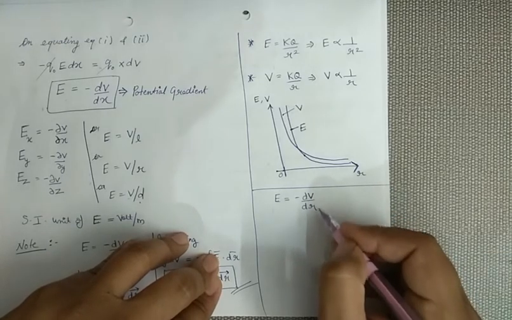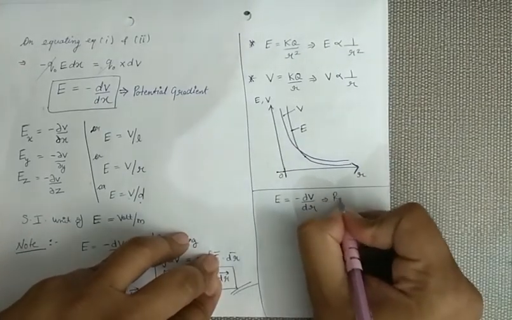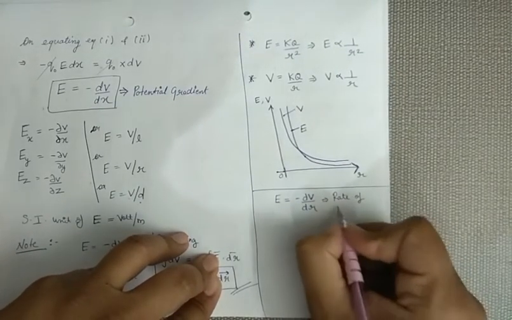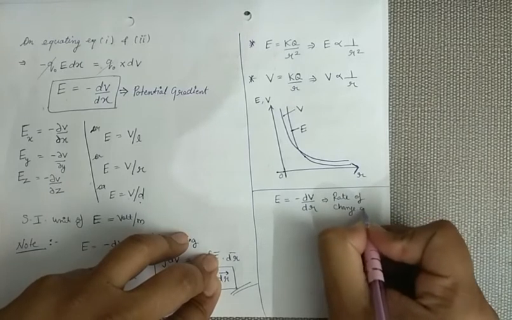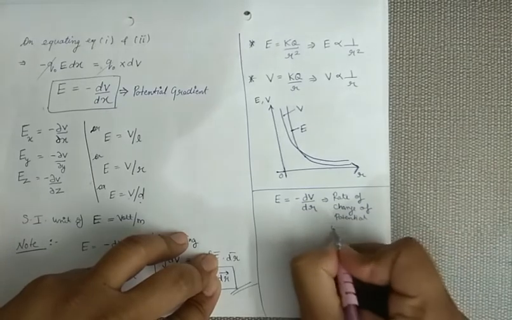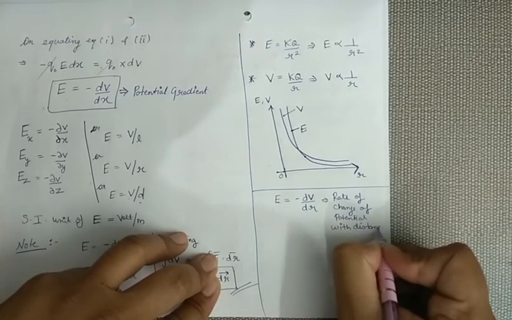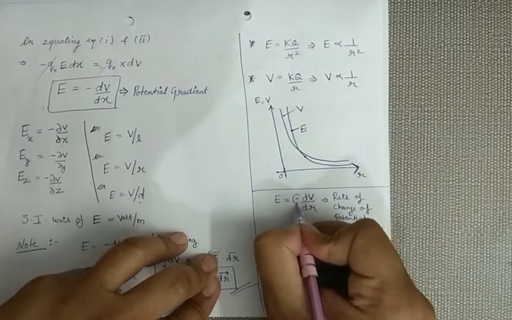It is also termed the rate of change of potential with distance. But one more important thing, what does this negative sign indicate?